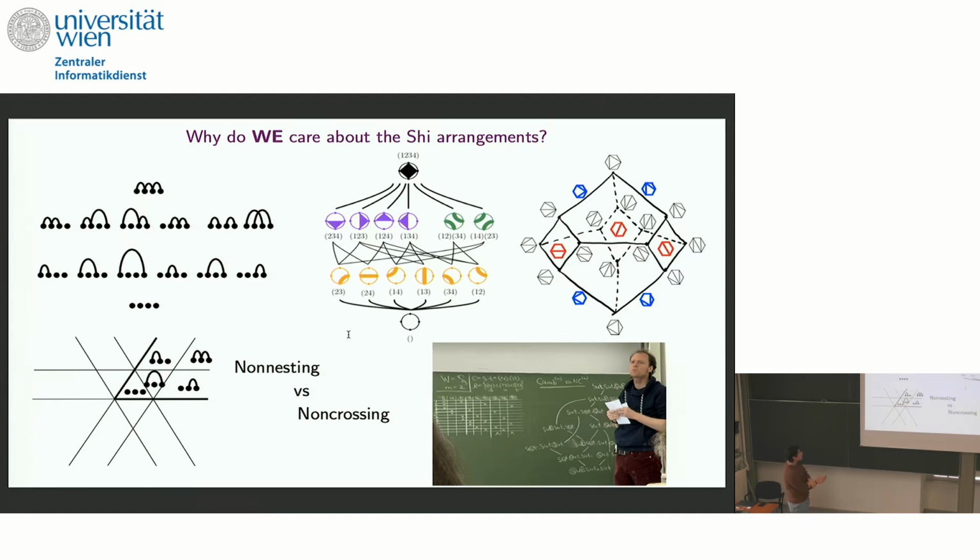Why do we like C arrangements? C arrangements have a nice way to be labeled by non-nesting objects. So here I actually used the non-nesting partitions, but Christos built all of this picture in terms of antichains or order ideals in the root poset, which is another member of the non-nesting family. I haven't put enough representatives here because we wouldn't be able to see Christian, and there are too many, right?